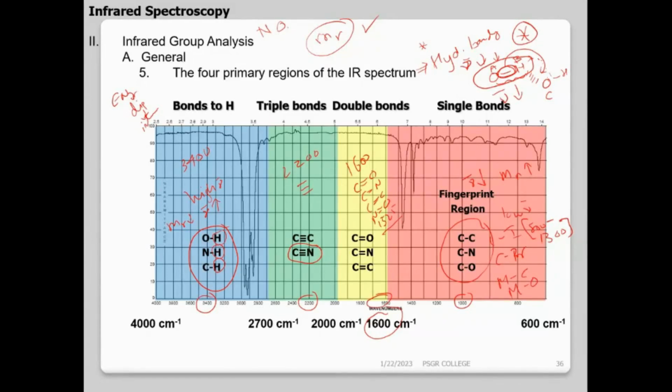Single bond is there even at 4000, right? What did I say? Bond strength and high reduced mass. High reduced mass, so heavier atoms: C-N, C-O, metal-nitrogen bond, metal-carbon bond, C-Br bond, C-I bond. So heavy atoms will come in this region.